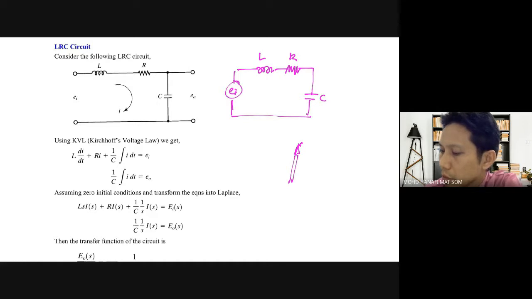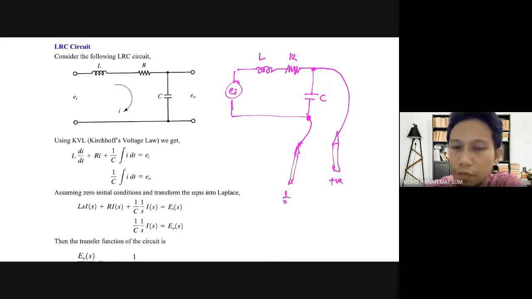This is our probe, this is our other probe. This is common, and this is the positive probe. We want to measure the potential at this point, which we name E naught. And this is our input, where our input is EI.